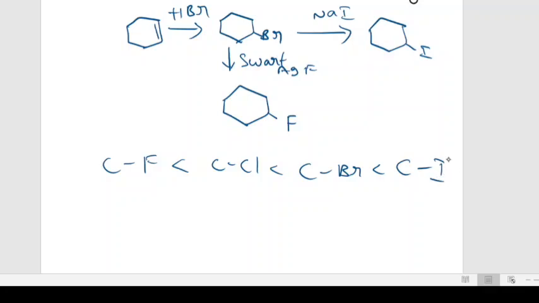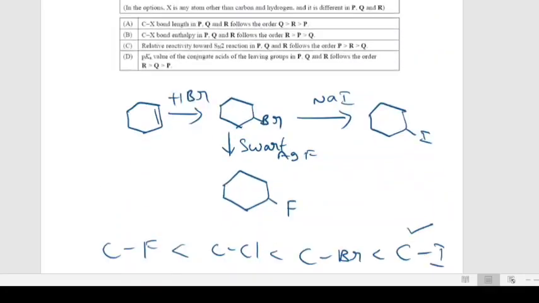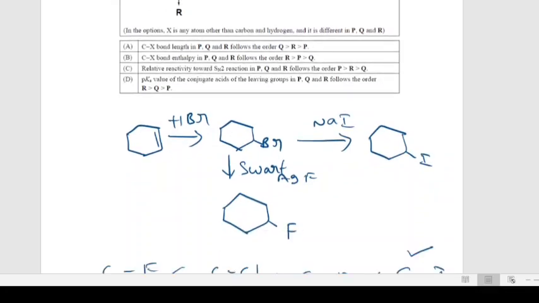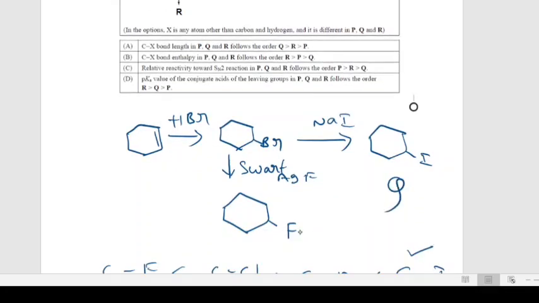Bigger the size, more is the bond length. Hence, we can say that the C-I formation product is nothing but Q, right? And here this is the P, R, sorry, R, and this is the P, right?